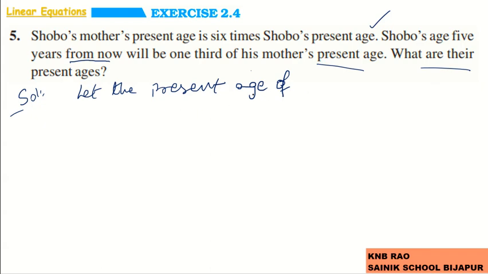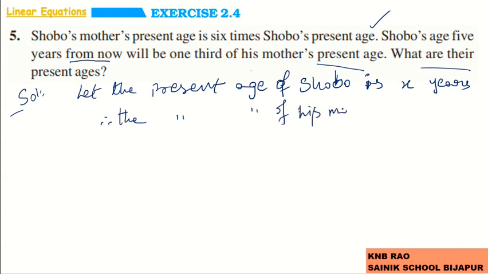So I'll assume the present age of Shobo as x years. Therefore, the present age of his mother is 6 times x years because of this relation.